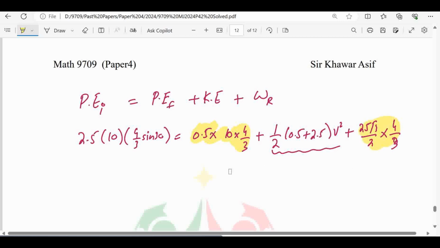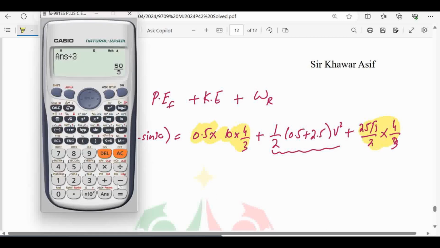Because we are shifting towards the left side, I am just using the calculator directly.